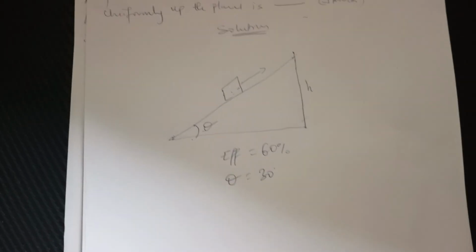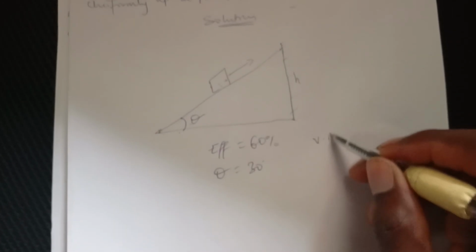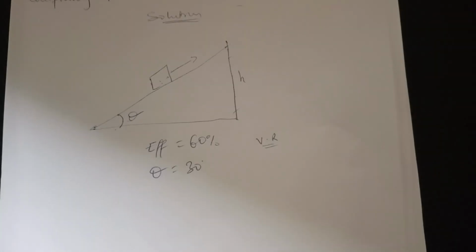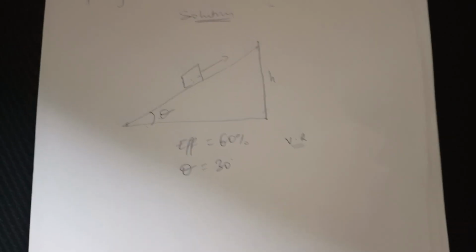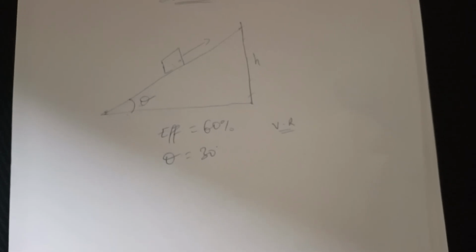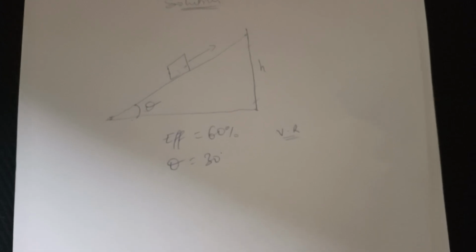If you remember from our previous classes, I told you the difference between these types of machines is their velocity ratio. Please don't forget that. It's very important. The velocity ratio of a pulley is the number of pulleys.